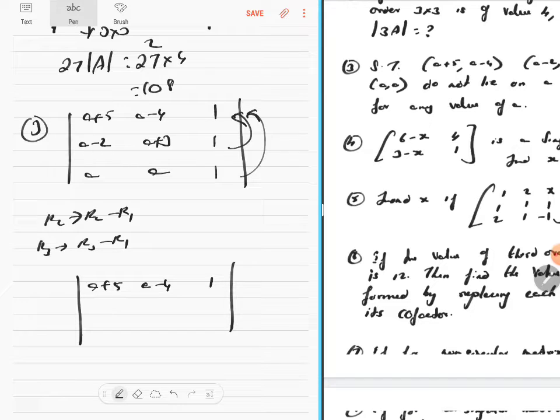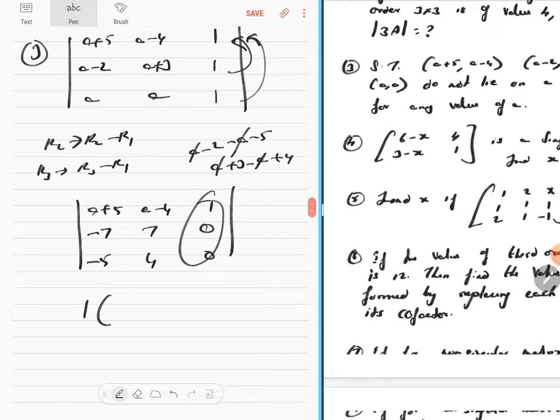The first row remains unchanged. Row 2 is A minus 2 minus A minus 5, so it's minus 7, and A plus 3 minus A plus 4 is just 7, and this becomes 0. This becomes 0. This is A minus 5, A minus A plus 4. So then the advantage is I can expand along this, which is 1 into top to bottom minus bottom to top, minus 28 plus 35.